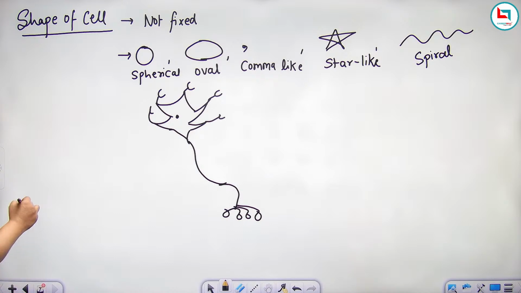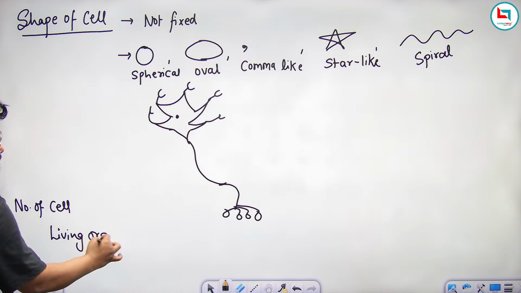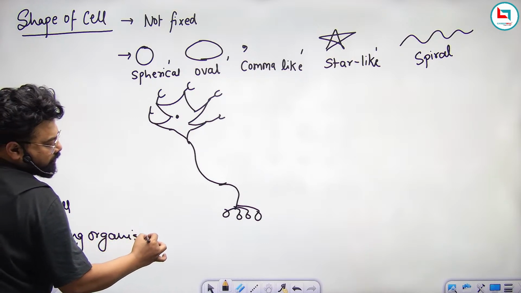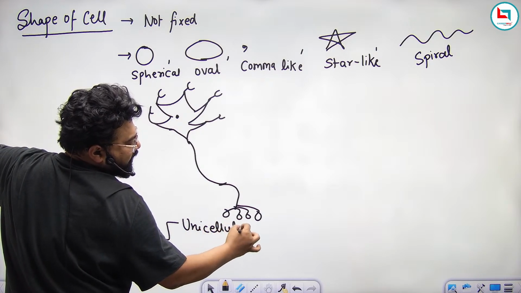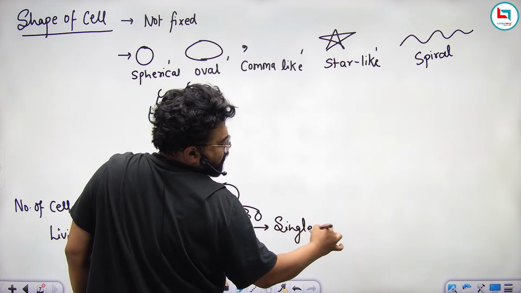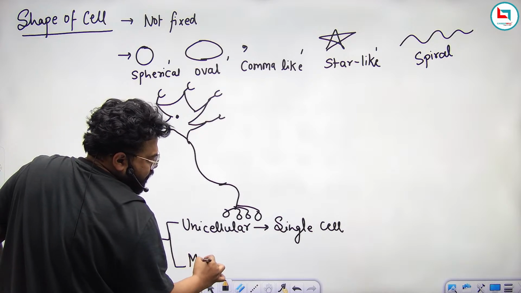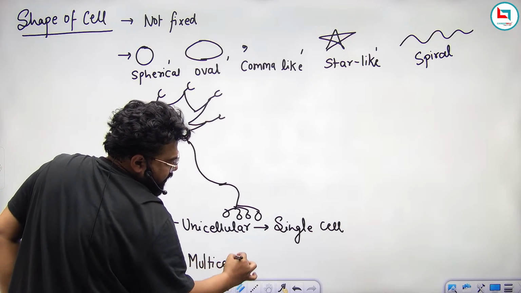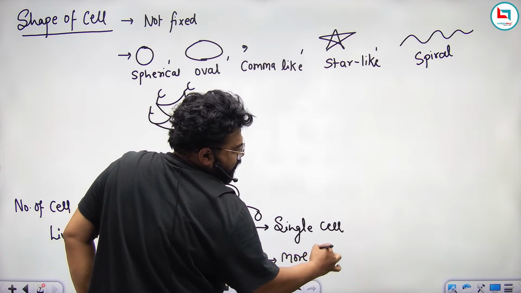Fine. Now let's talk about the number of cells. Depending upon the number, a living organism can be unicellular, means made up of only a single cell, or multicellular, means made up of more than one cell.